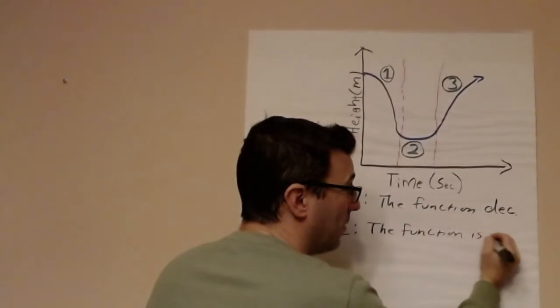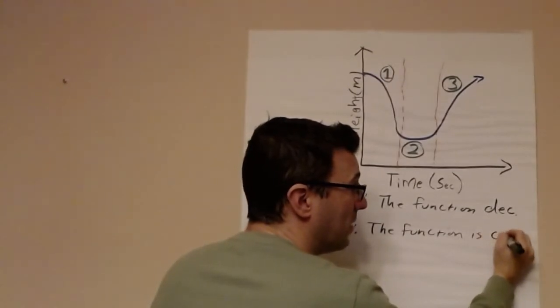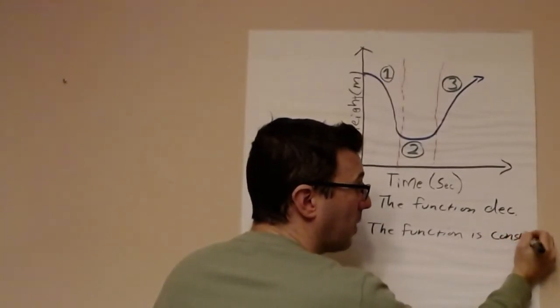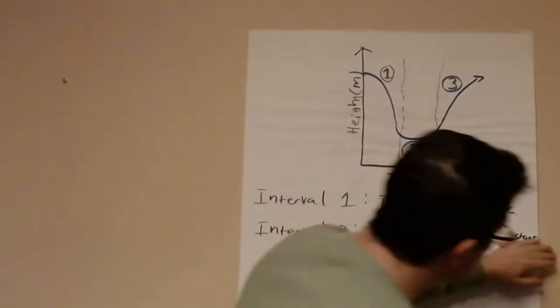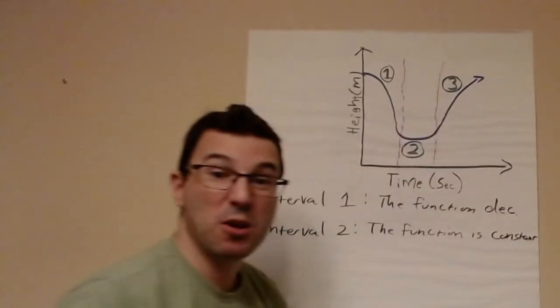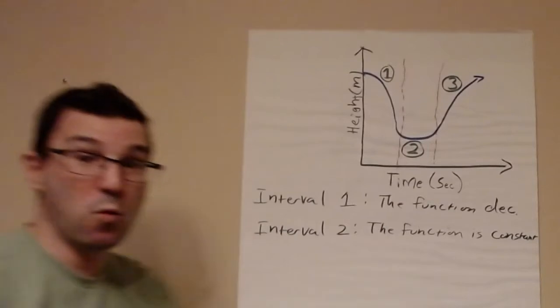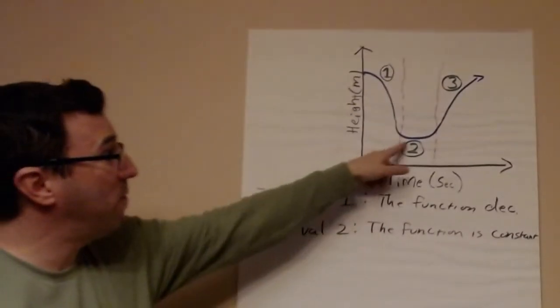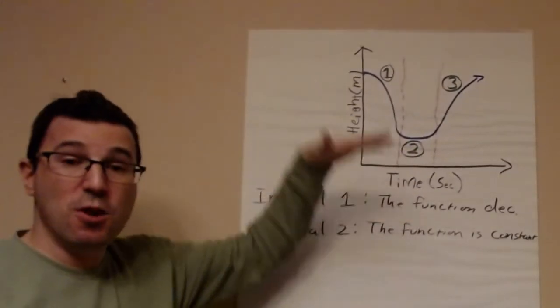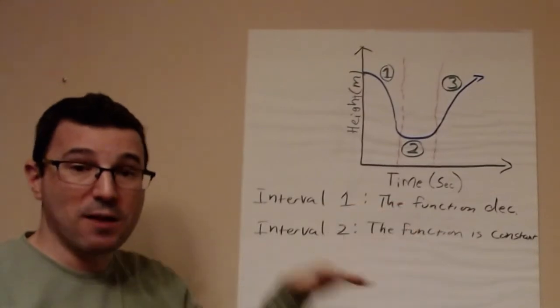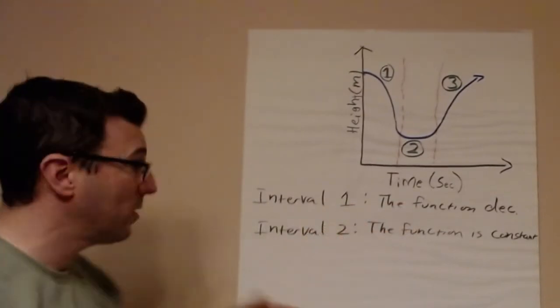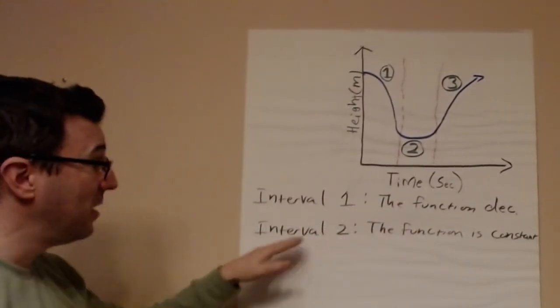All right? The function is constant. Okay, so the function is constant here. It's flat. There's no change. It's not going up. It's not going down. It's staying constant. So we would say the function is constant in interval 2.